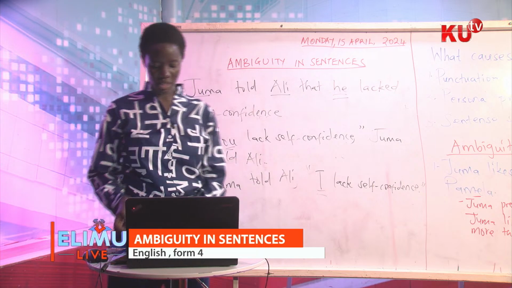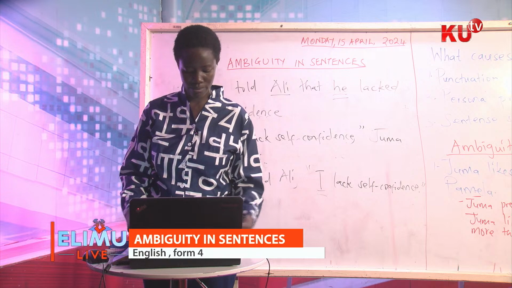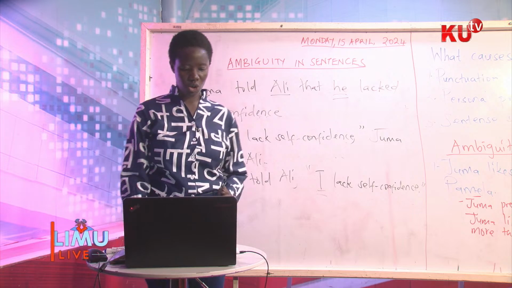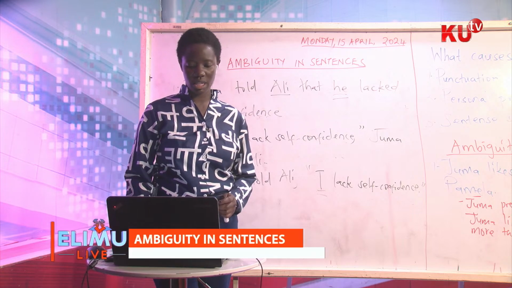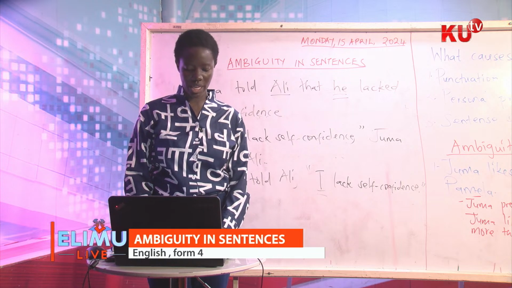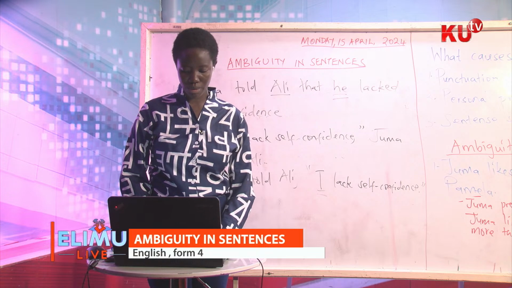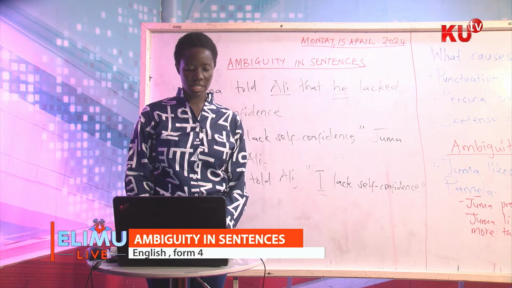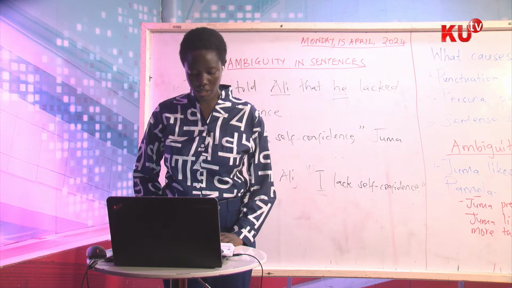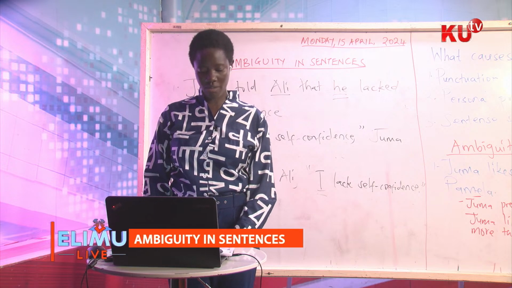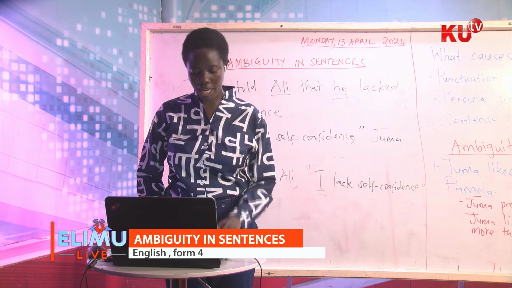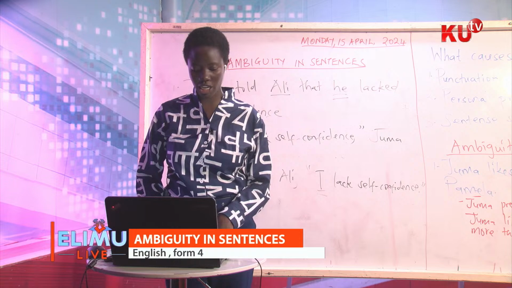So in the same year, there was also another question under ambiguity in sentences. And that question was, I saw a monkey with a telescope. So the first meaning of this statement: we have I as the subject, and then we have a monkey, and then we also have a telescope.